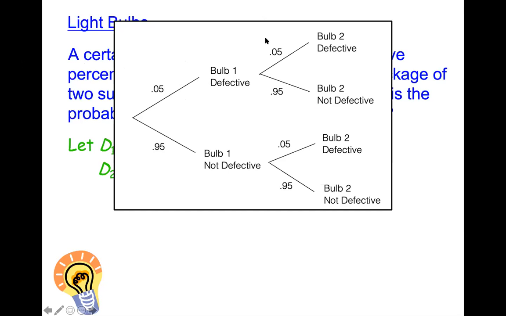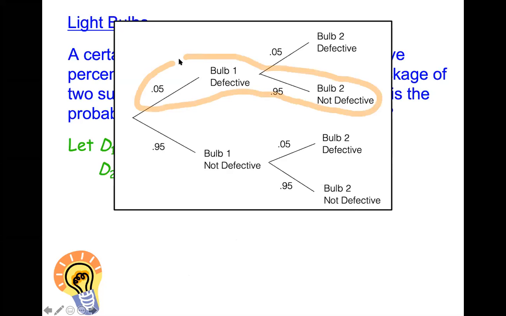What I would do is look at the 4 branches that go out at the end: 1, 2, 3, 4. I'm going to focus on where I get exactly 1 defective bulb. If bulb 1 is defective, then bulb 2 must not be defective, so I'm looking at this branch.